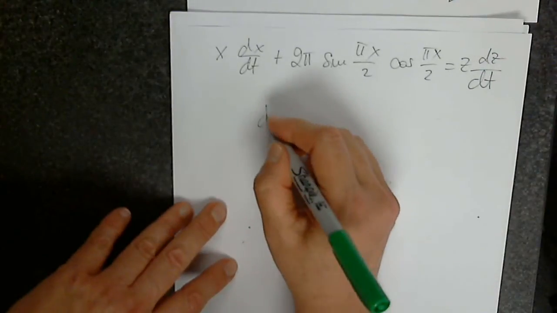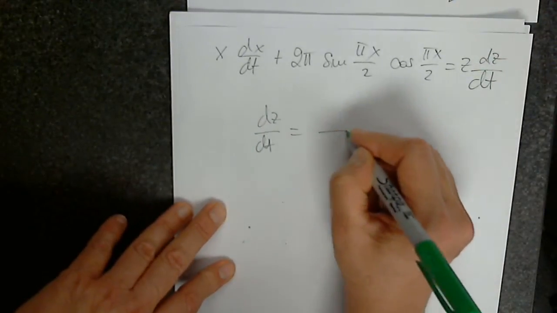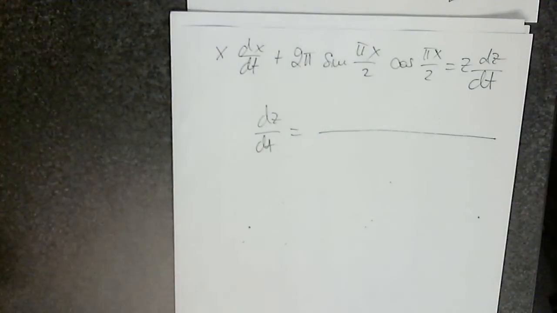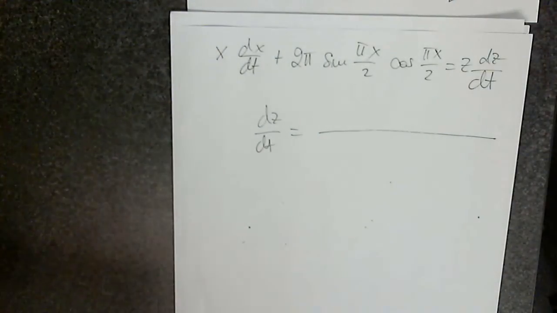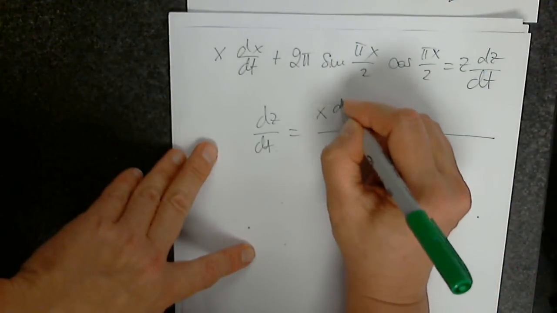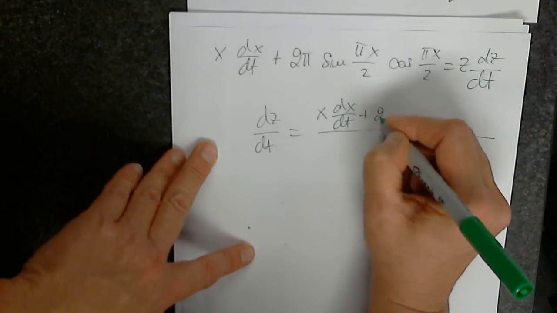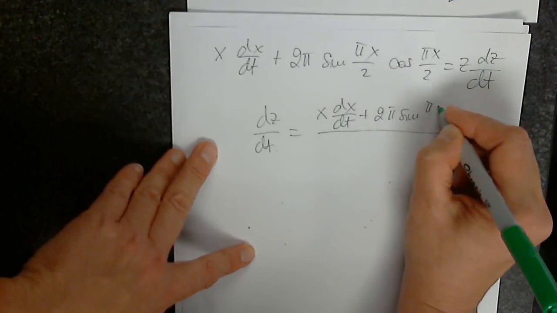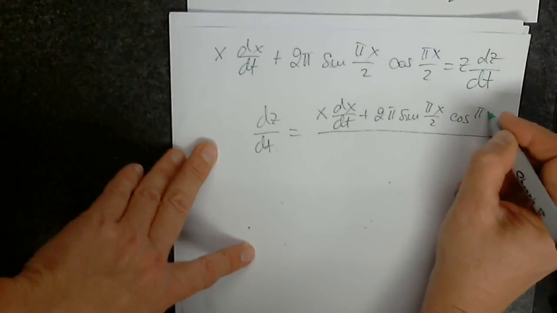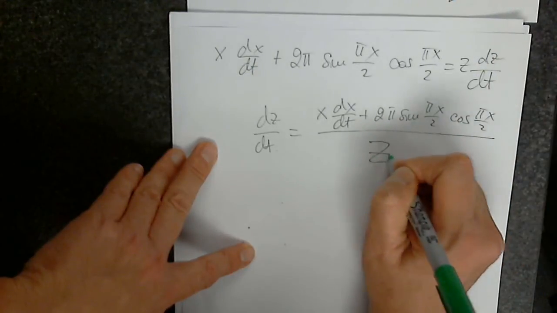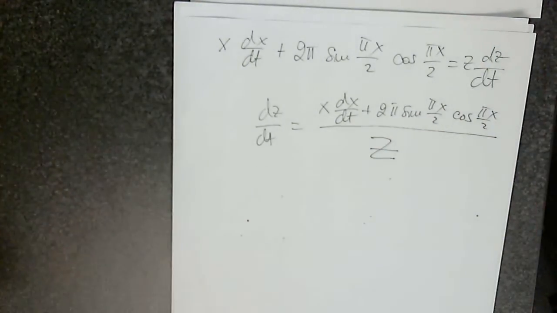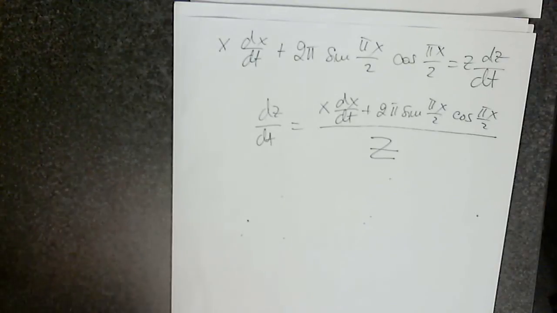And now I'm ready to determine dz over dt as we did implicitly a long time ago. It's x dx over dt plus 2 pi sine pi x over 2 cosine pi x over 2, all over z. Now let's see what we have and what we don't.